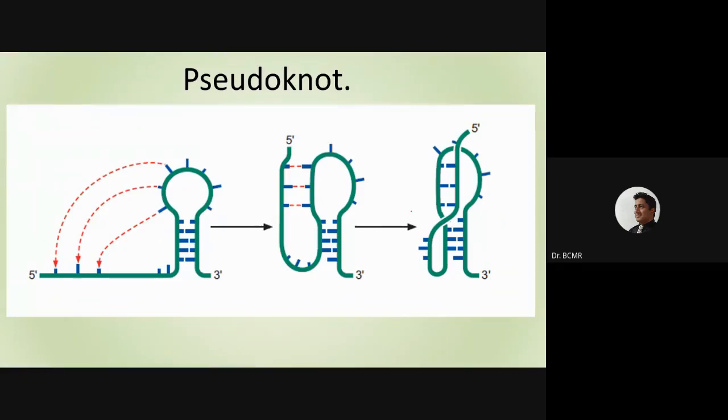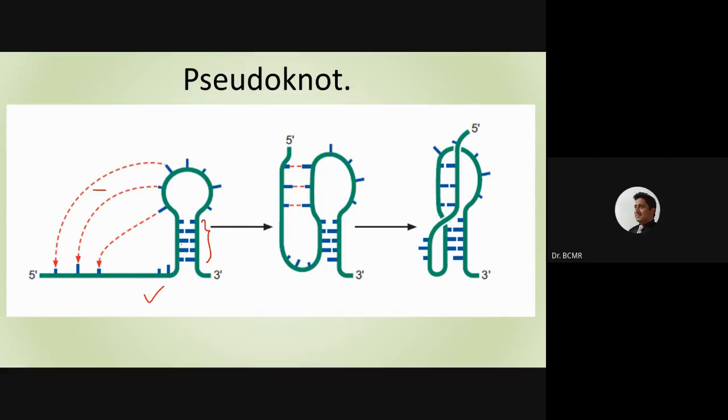So there are other forms of structures like the pseudoknot. In a pseudoknot, it is a single RNA molecule, folded because of base pairing, because of homology or complementarity.